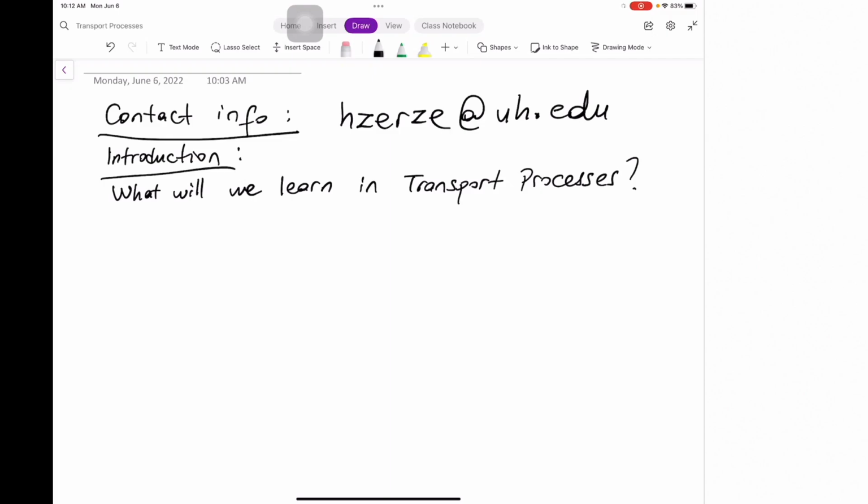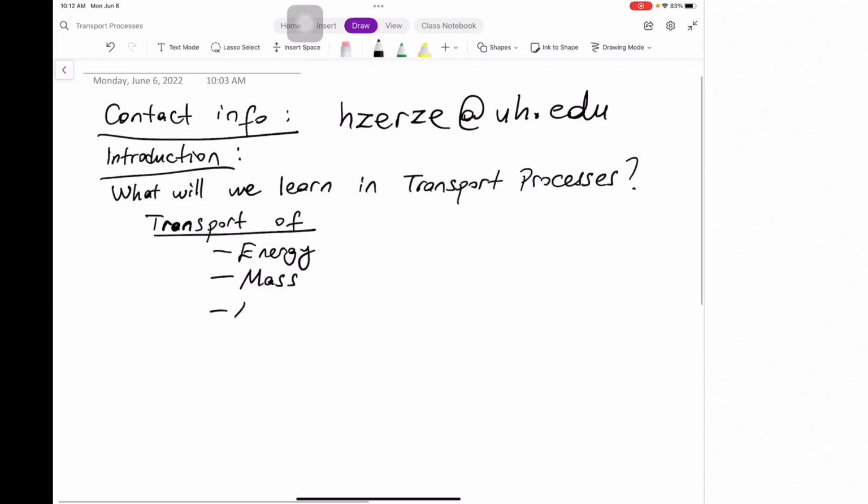So when we say transport processes, we mean the transport of either energy or mass or momentum. Exactly.